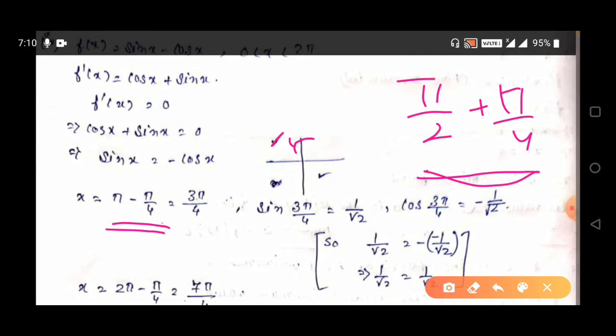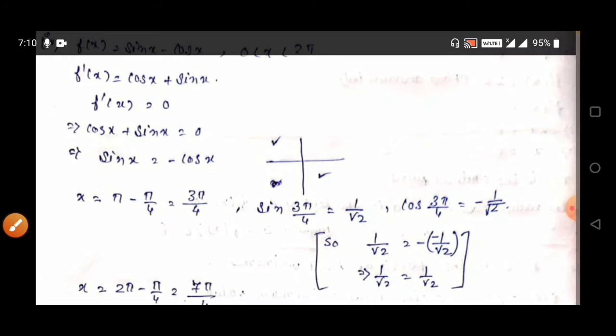But if we write it like this, then sin of pi by 2 plus pi by 4 will be converted to cos, and cos of pi by 2 plus pi by 4 will be converted to sin, so our answer will be somewhat different. So we will write the even multiple of 90 degree, that means pi, 180 degree.